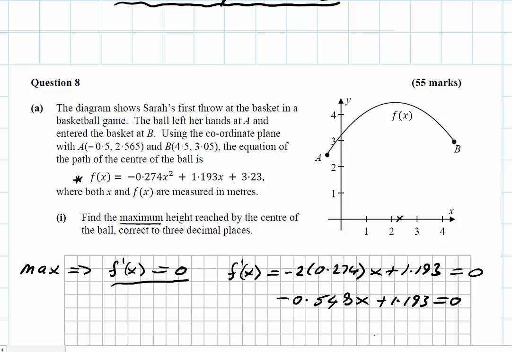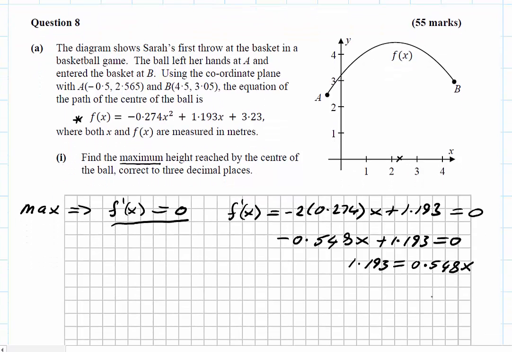Bring the minus across to the other side, and you've 1.193 is equal to plus 0.548x. And this allows us to get the value for x. x is equal to 1.193 divided by 0.548, and that gives us a value of, if we work it out on the calculator, 2.177.